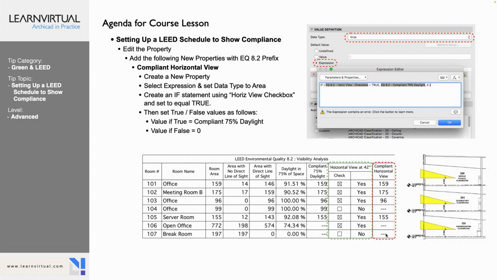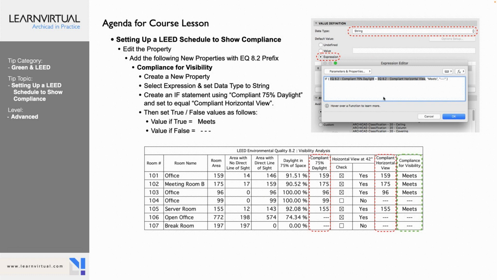So if this is true, then it's going to show the square footage. If it's not true, it's going to show 0, or in this case, dash, dash, dash. So that's the way it works. Now that we've done that, we check this box, it shows yes. We check this box, it shows yes. Now, you'll notice that it needs to both be true.